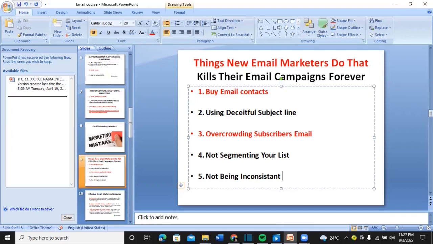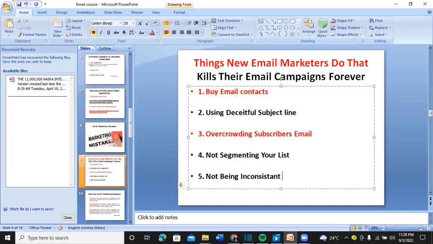The other one costs about $1,000, or 50,000 naira. And you send out 3 lead magnets and you get people to take those lead magnets and you get their email.